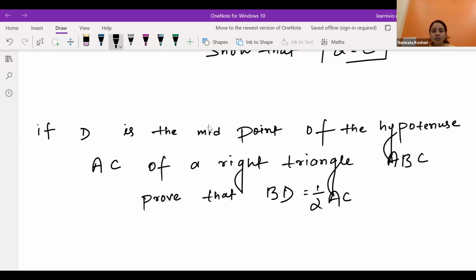Okay, let's try showing that BD is just the half of AC.